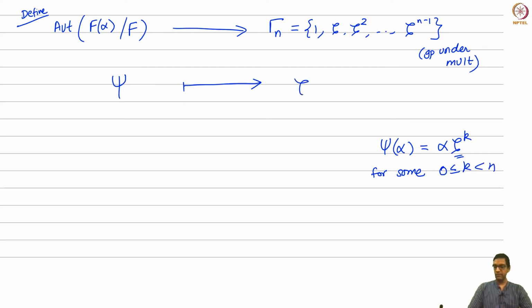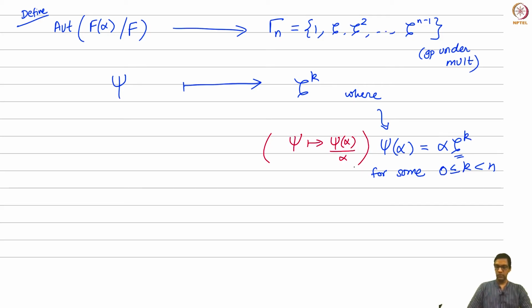So psi will map to zeta^k, where k is that element such that psi(alpha) is alpha zeta^k. Okay, this is the definition. Or if you wish to have something which looks a little slicker, you just say psi maps to psi(alpha) divided by alpha. That's really what this map is.